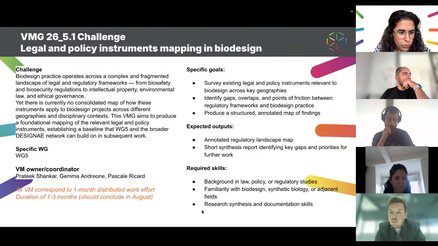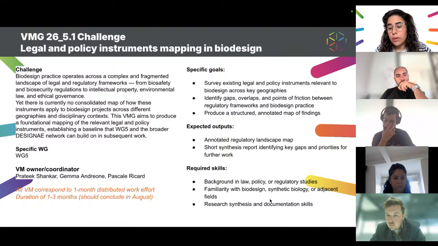So the owner and coordinators of this virtual mobility are pointing towards somebody preferably that has a background in law, policy, or regulatory studies, some familiarity with biodesign, synthetic biology, or adjacent fields, and has capacity to synthesize research.